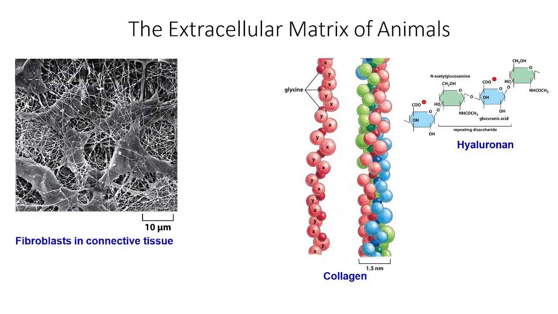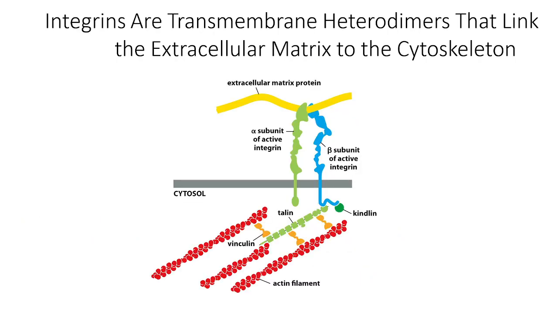So, this is an idea about the extracellular matrix of animals. Cells are also embedded in and interact with the extracellular matrix, which is composed of hyaluronan, collagen, and fibronectin, produced notably by the fibroblasts in the connective tissues.